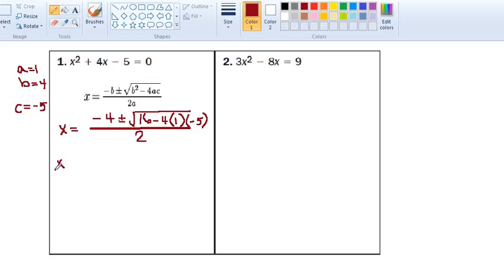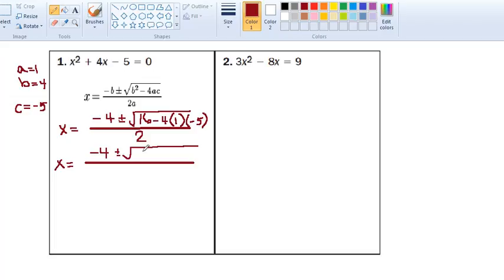Now we know we've got to have an x here because we're solving for x, and we should probably put another big fraction bar. I don't know if we use up the whole space this time, but it goes like this. We're really going to be dealing with this radical right now, so we're going to leave the minus 4 plus or minus alone. All right, here's what we've got.